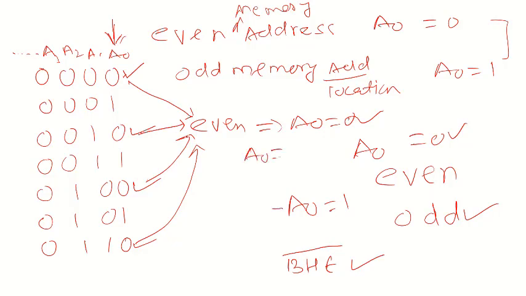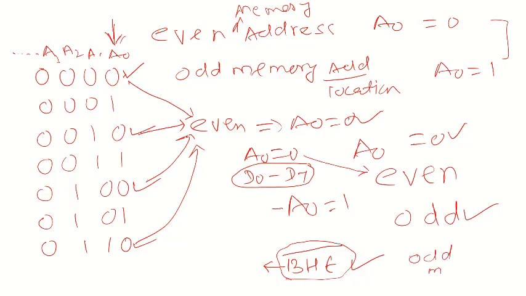Suppose A0 is 0, it means the even bank is selected, and the data you get from it will be D0 to D7. And suppose BHE is 0, it means the odd memory bank will be activated. BHE is a low active signal, so when BHE is 0, the odd memory bank will be selected and you will get D8 to D15.